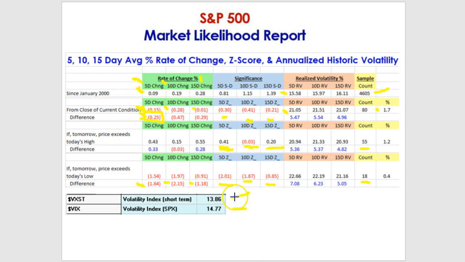This structure, where the short term is lower than the long term, is bullish in and of itself. The option traders are making this bias. This is a structure that you would expect in a more bullish environment. If it was inverted, if the short term was higher than the long term, that would be bearish. So this is a bullish indication, but it's quite a bit lower than the realized volatilities from these 80 occurrences in the past.